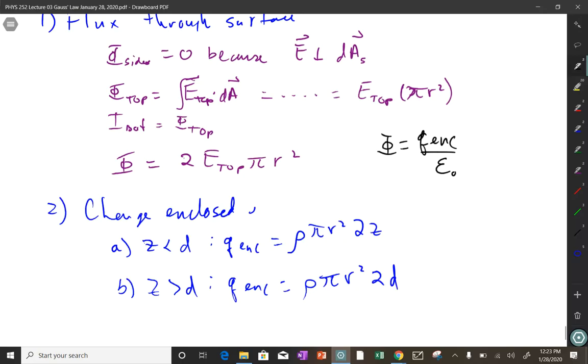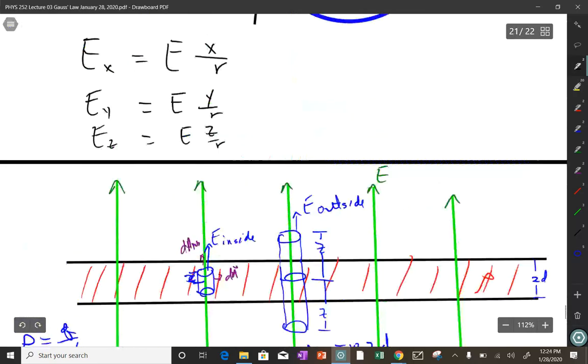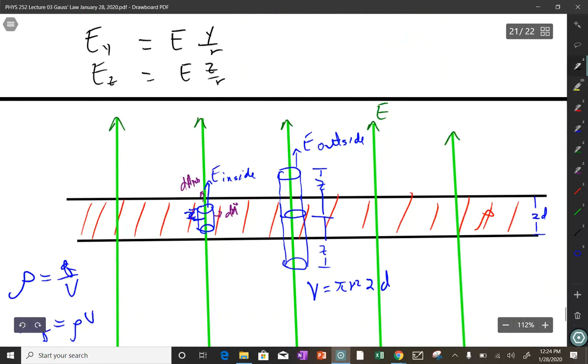If you look back at your results, for a point charge, start there. Point charge electric field dropped off as 1 over r squared. We can tell that because the electric field lines were getting farther apart as you got away, because they're going out radially. For the wire, it dropped off as 1 over r.